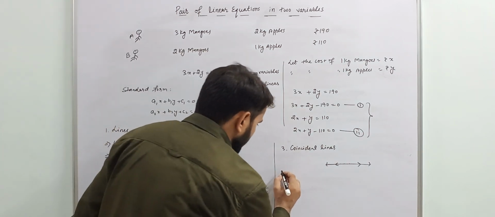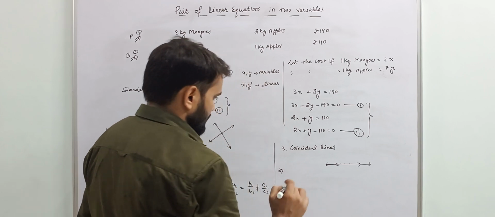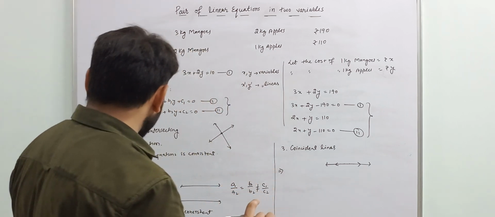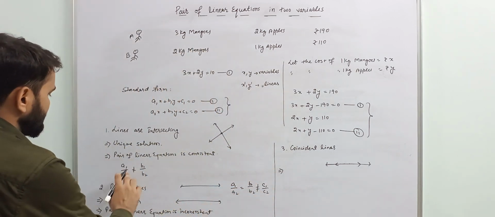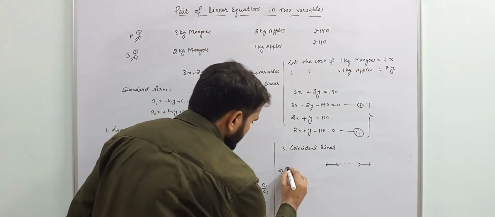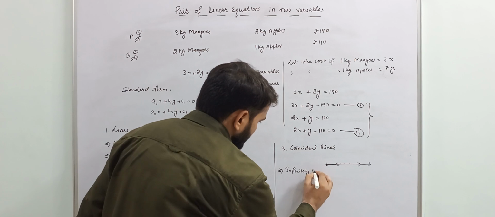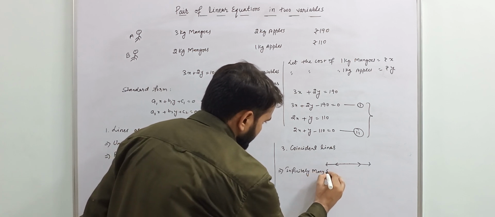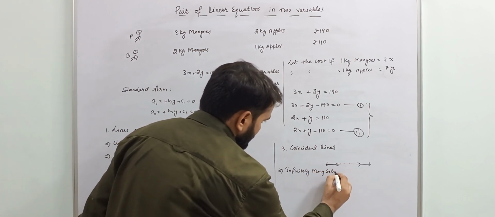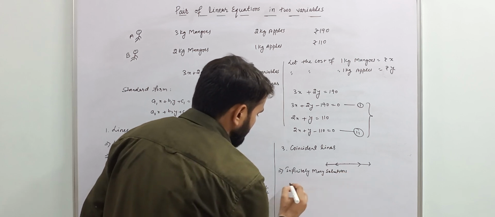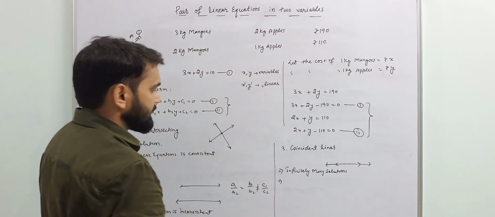So in that case, how many solutions are there? There will be infinitely many solutions, and the system will be consistent.